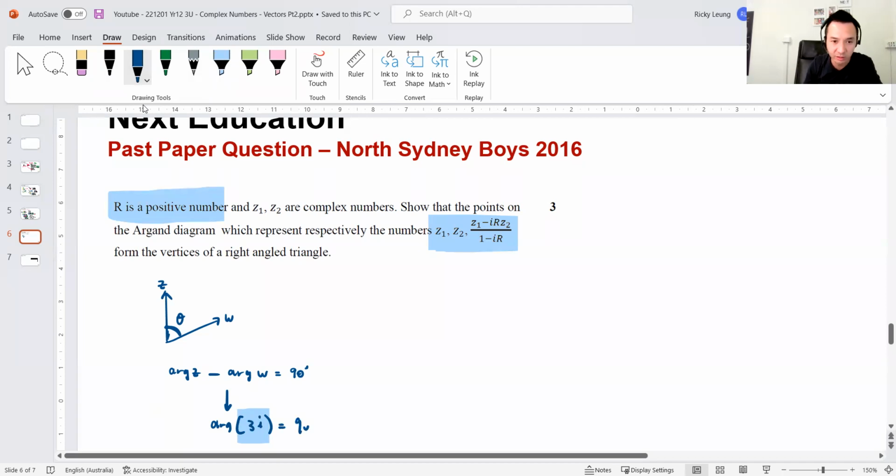In other words, if I can somehow find the argument expression for two of the sides of the triangle, and then combine them and prove algebraically that it equals something times i, then I'm sweet. So in this question, I'm just going to randomly draw the points on it, just three of them.